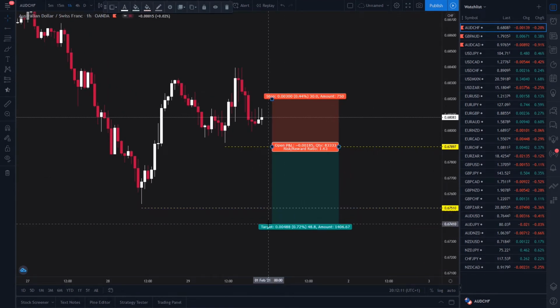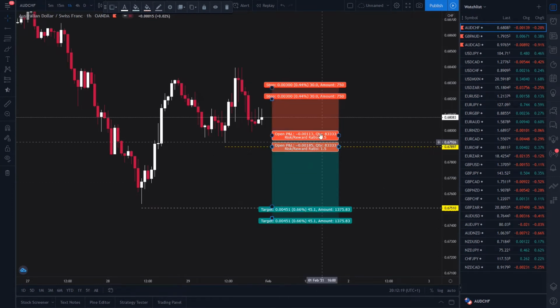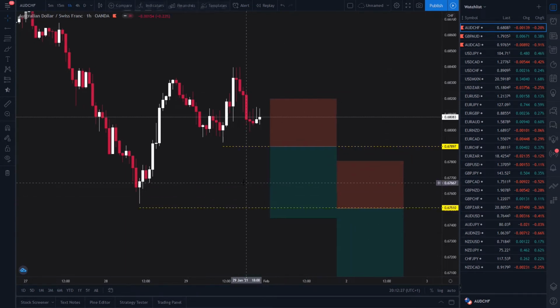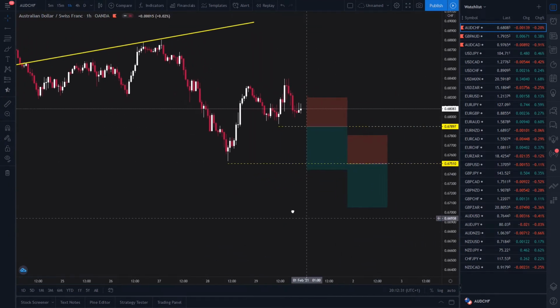So let's go for a 1.5 risk to reward ratio, and also the second one, on a second break, I will be trading 1 to 5 risk ratio. So this is for me on AUDCHF.